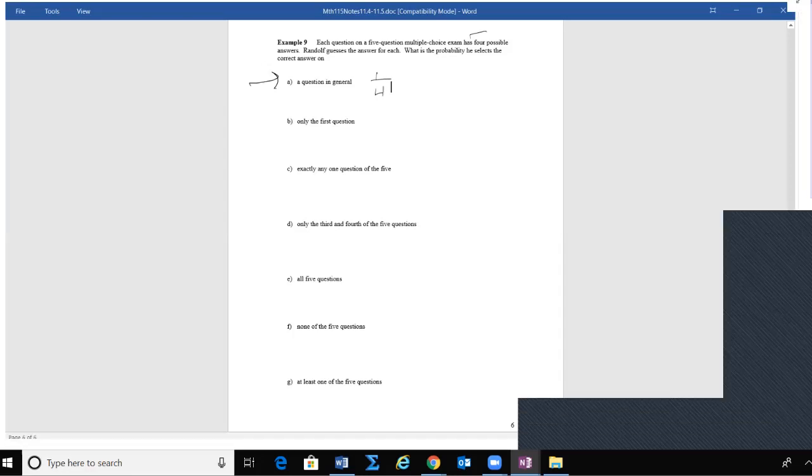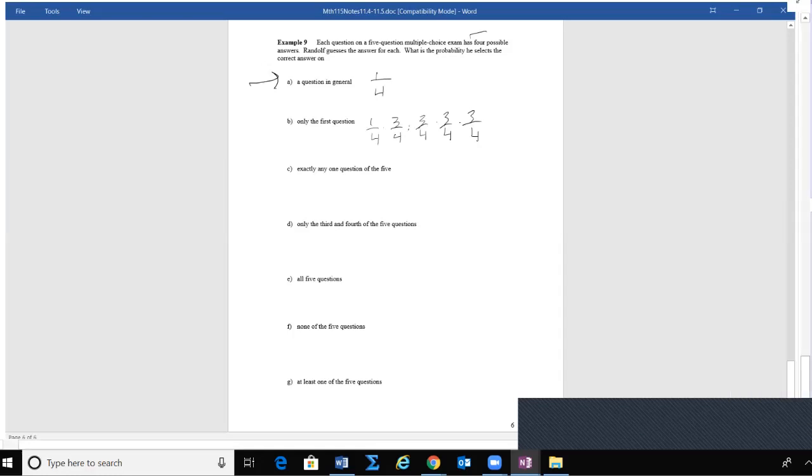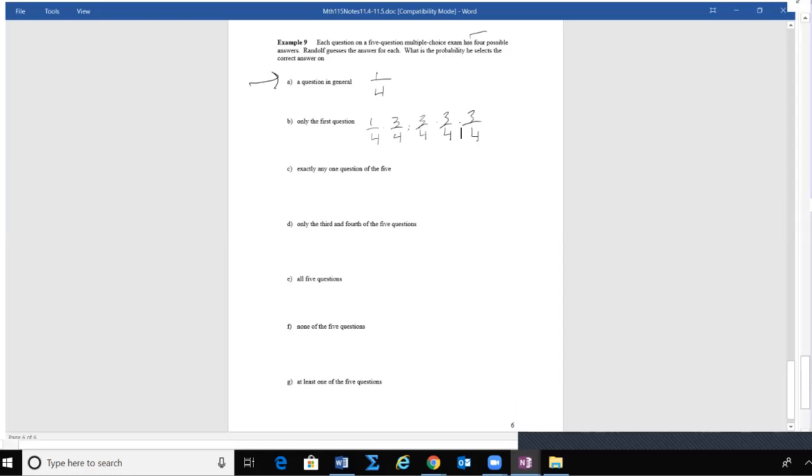Okay, here we're back again. Now, only on the first question. So here's how it works. This is the first question. The probability that the first question is correct is 1/4. And he wants to get the next 4 questions wrong. Because he's asking, what is the probability that he only gets the first one right? That means he has to get the other 4 problems wrong.